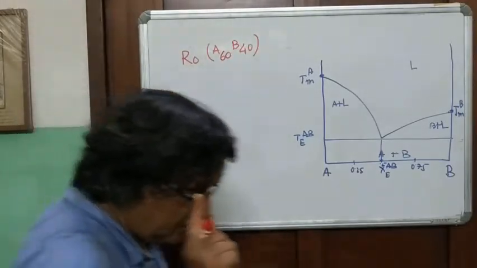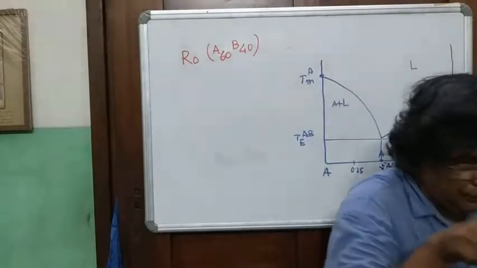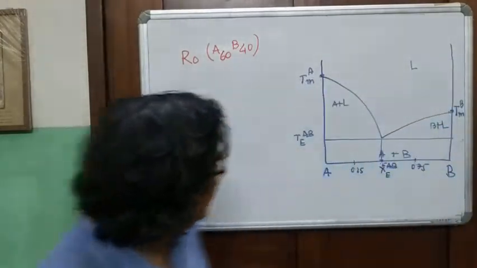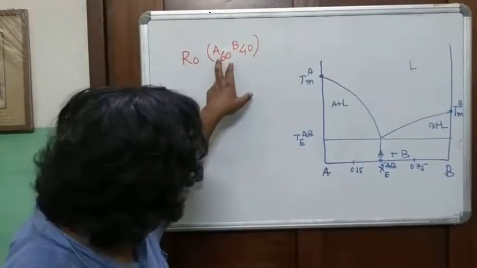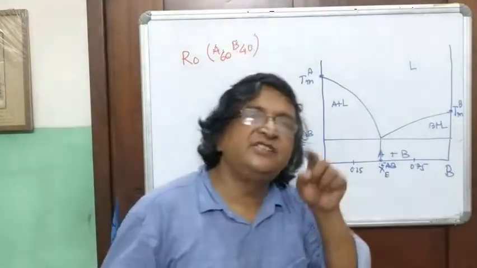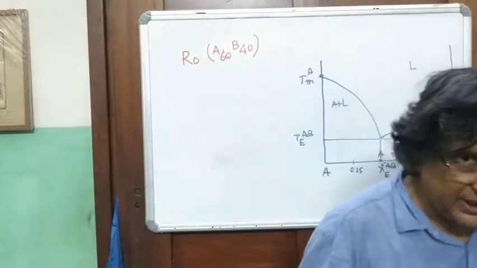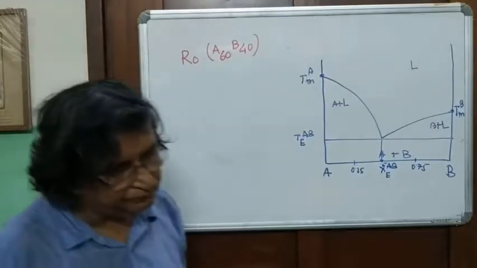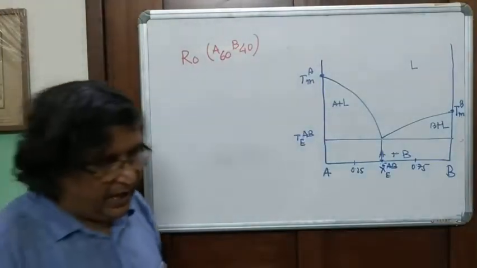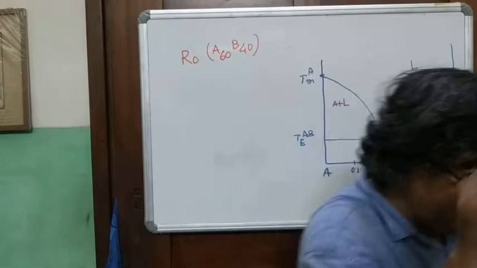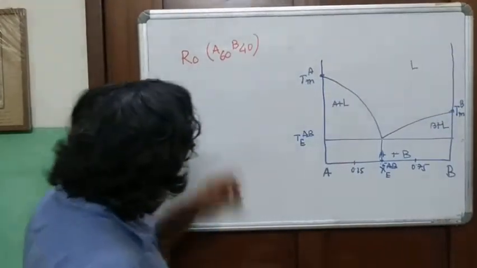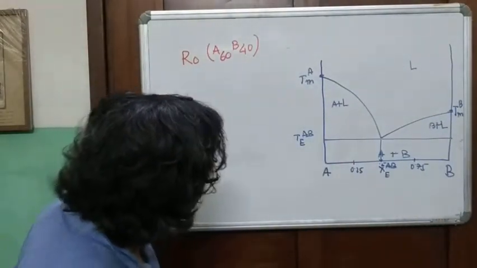Firstly, it's a rock. So A is a mineral, B is a mineral, and they are pure minerals. Remember the equation. Where does this composition lie?